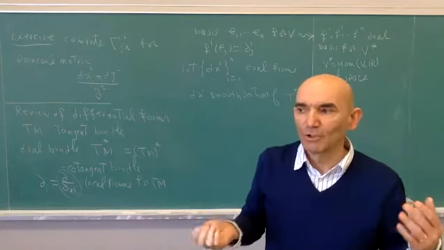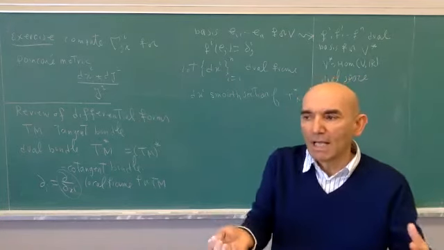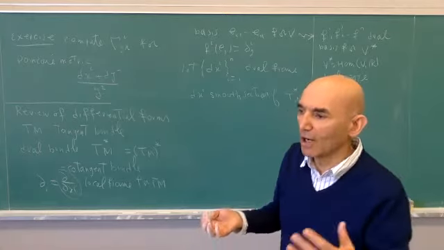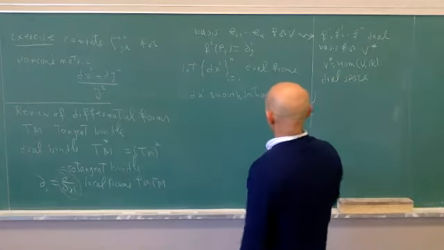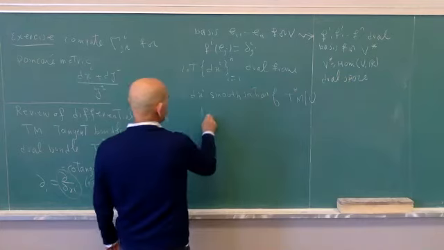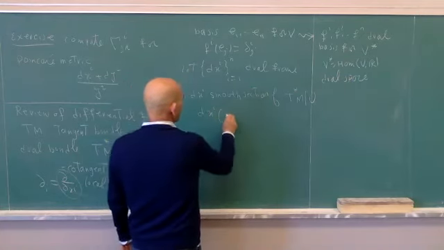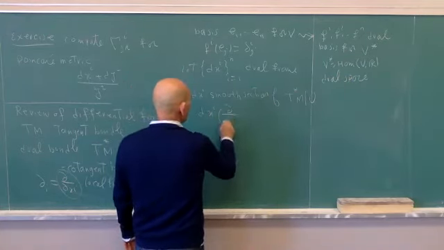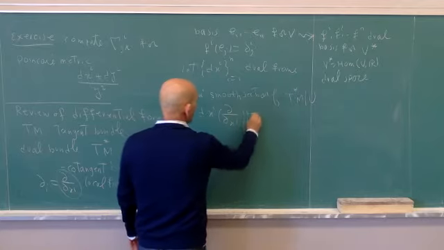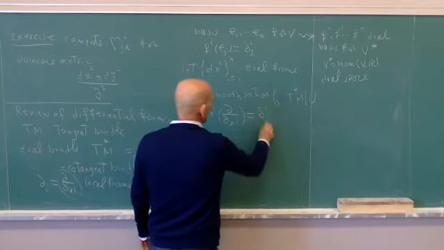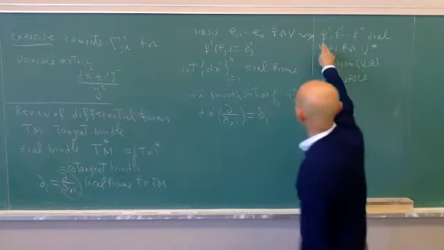So you just have to specify a chart and do things in that chart. This satisfies the property that dx^i(d/dx^j) is equal to delta_ij, exactly like here.